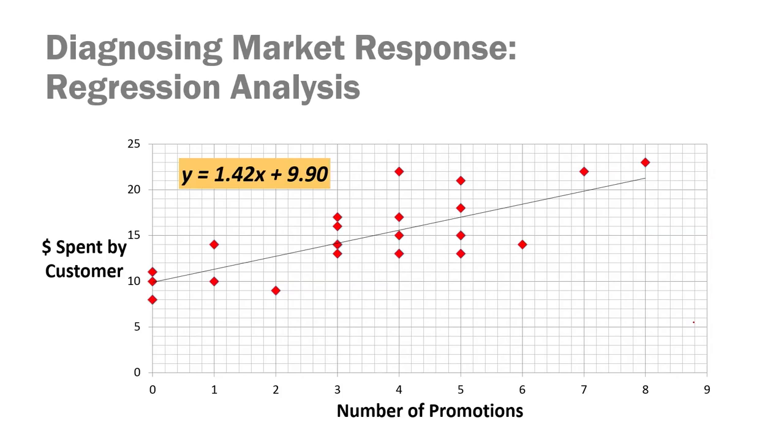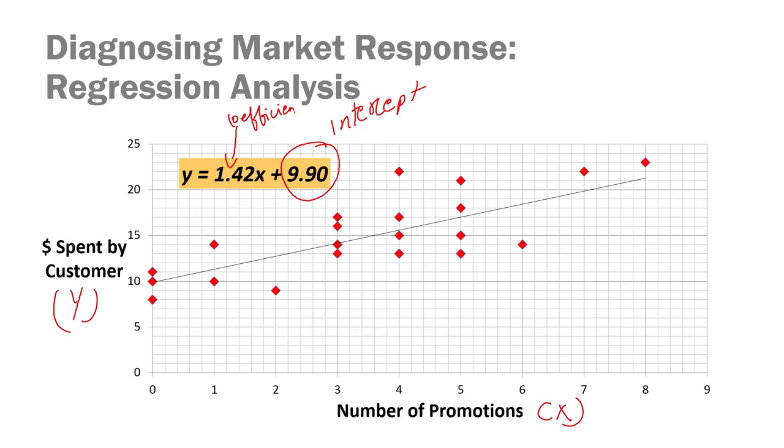So now let's look at an example here. Let's go back to the first example. Let's look at number of promotions in the x-axis and y-axis is dollars spent by the consumer, and we saw all those red dots and the regression line going through, and by now you know what these numbers are, right? This is the intercept and this is the coefficient of x.